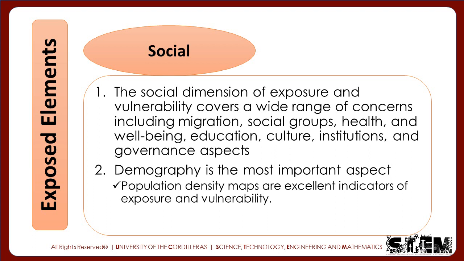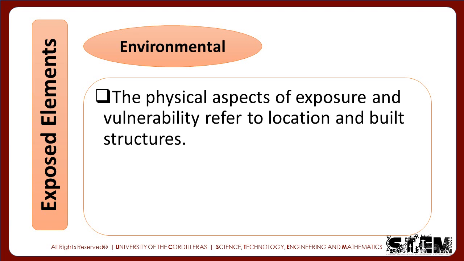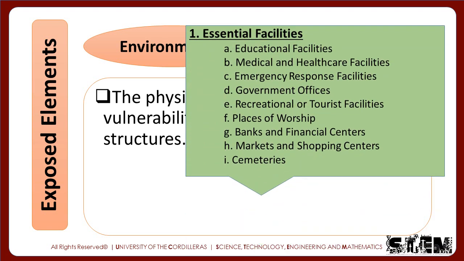Right, moving on to number two, we have environmental elements that are exposed. These are the physical aspects of exposure and vulnerability that refer to the location and built structures in that place. They are exposed and they belong under environmental exposed elements. Some of the examples are the following: essential facilities.